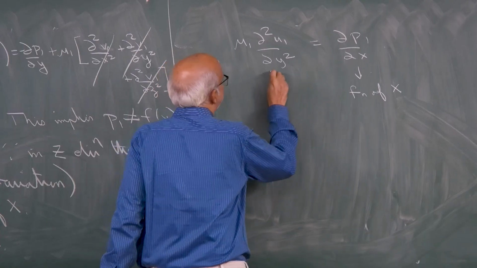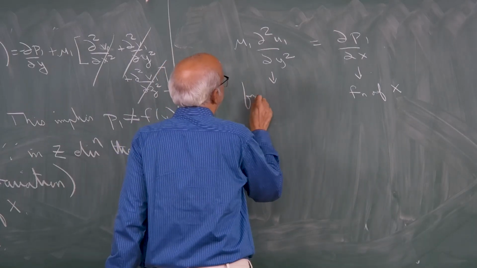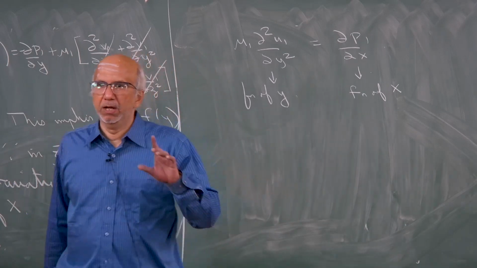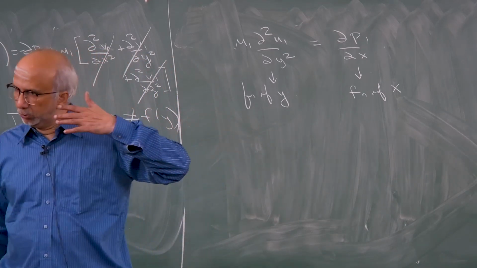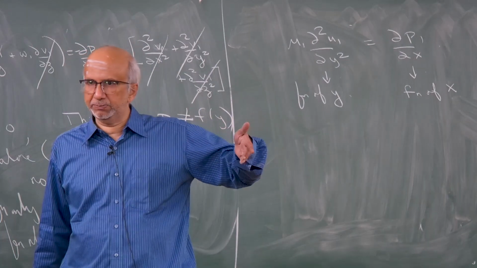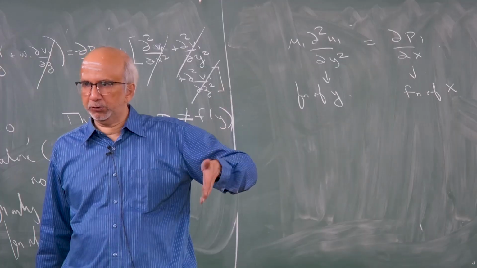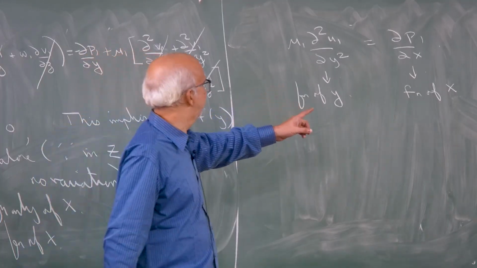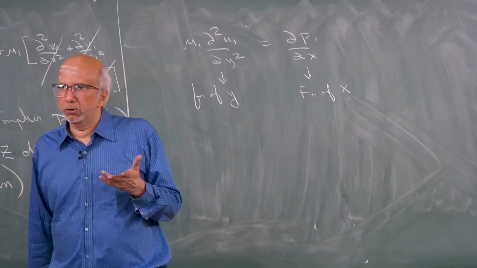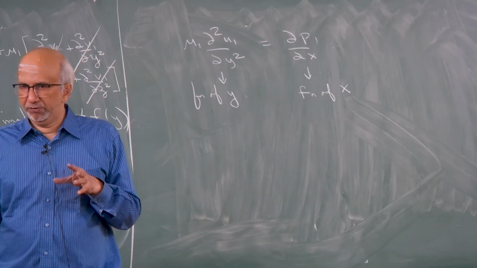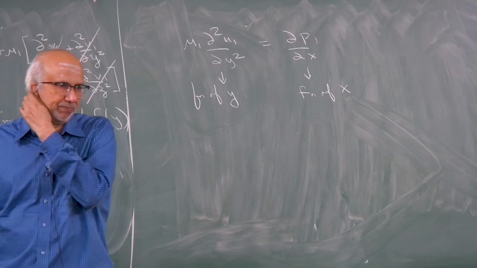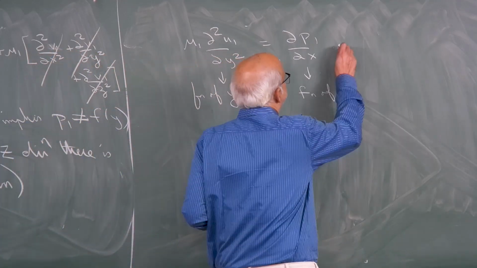And what about this? This is a function of y. Why is that? Because of fully developed flow, u1 is not a function of x, so it is a function only of y. This guy is a function only of x, so there is a function of y here, there is a function of x here. So from this what do you conclude? A function of x can be equal to a function of y only if both of them are a constant. So this must be a constant.